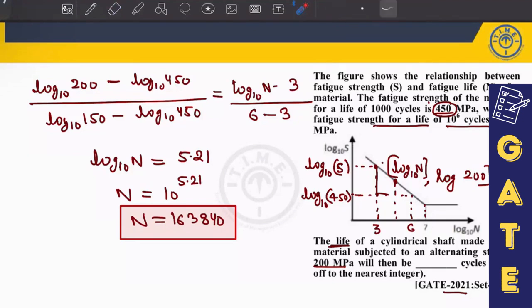You have to answer rounded off to the integer. So this is the final answer.